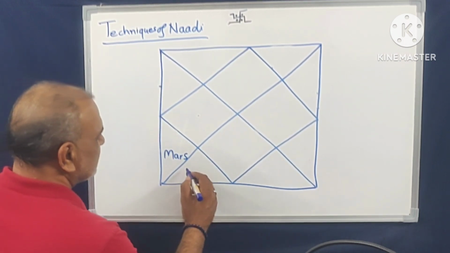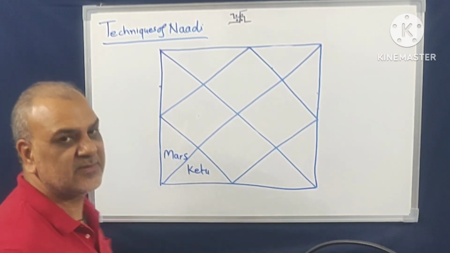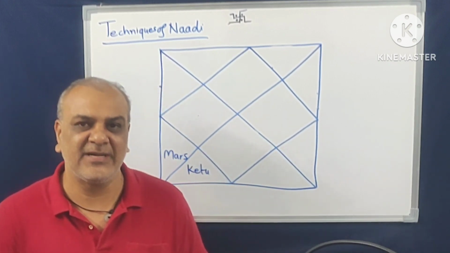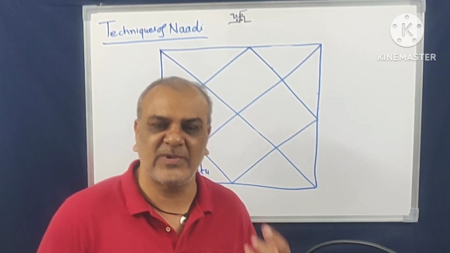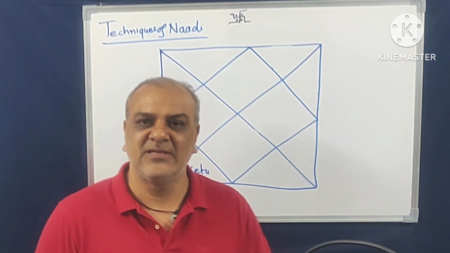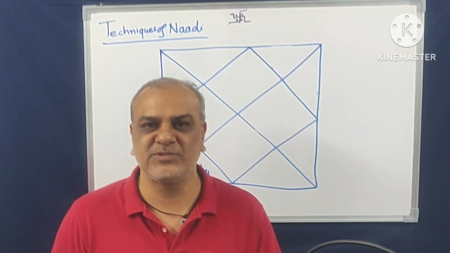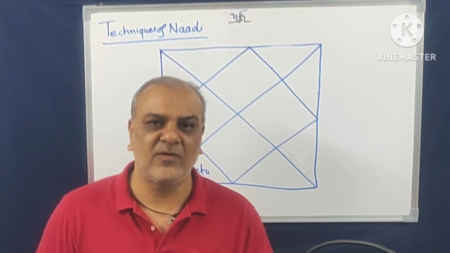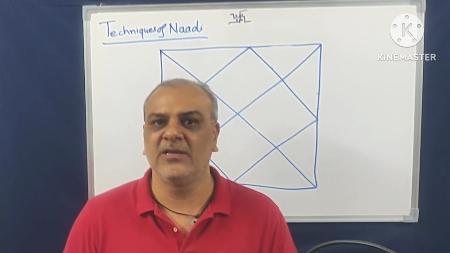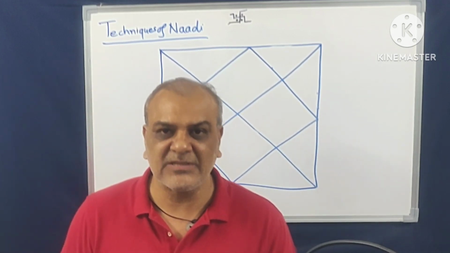In any chart, if you see Mars has Ketu ahead, Ketu must be in the second house from Mars, then you can easily predict that the younger brother of this particular native, whether it's a male chart or a female chart, it doesn't matter, when Mars has Ketu ahead, it's a snapshot prediction that he will follow a lot of religious institutions, or he will become a pandit because Ketu is a spiritual planet, or he will love to recite mantras.